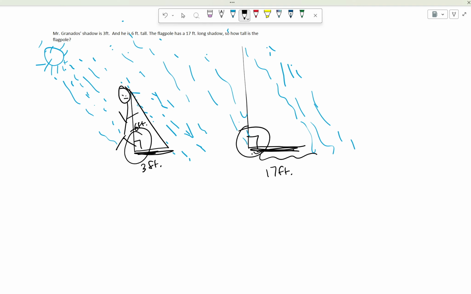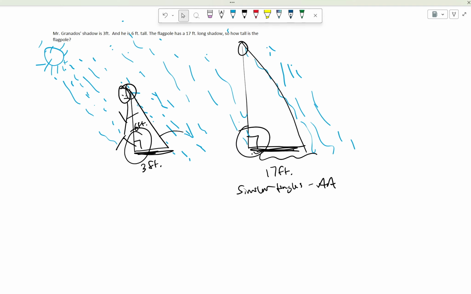And then, moreover, whatever angle the sun is creating these rays to obscure sunlight from the ground, which I've highlighted here and here, it's going to be exactly the same. So these angles are going to be the same. So these are similar triangles effectively, right? You can say that those two angles up there are congruent through angle.